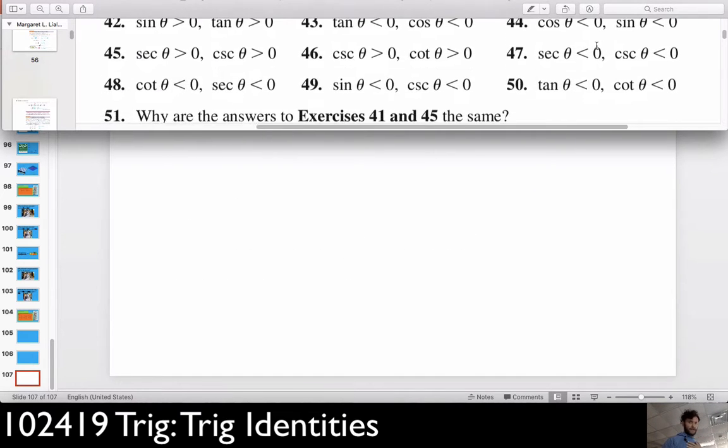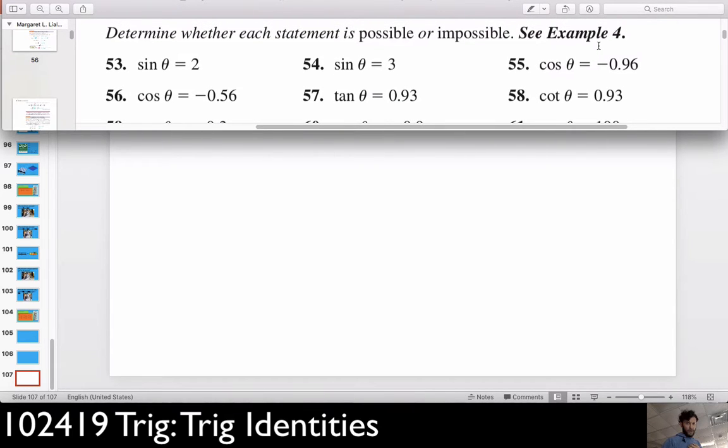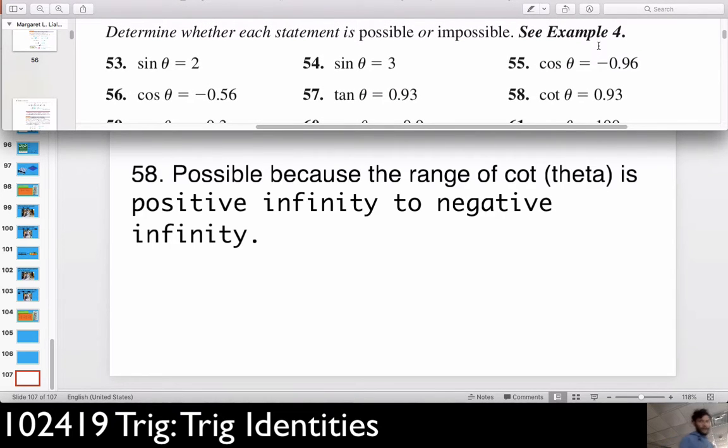Eight, 58. Yeah, sure. Determine whether each statement is possible or impossible. Cotangent of theta is 0.93. Okay, so cotangent is x over y.